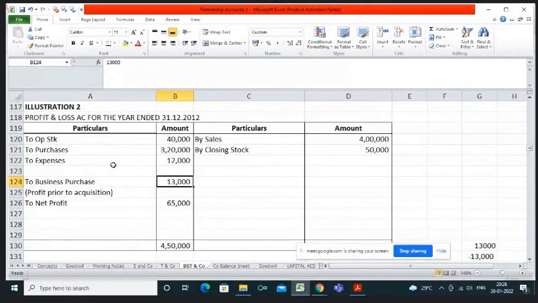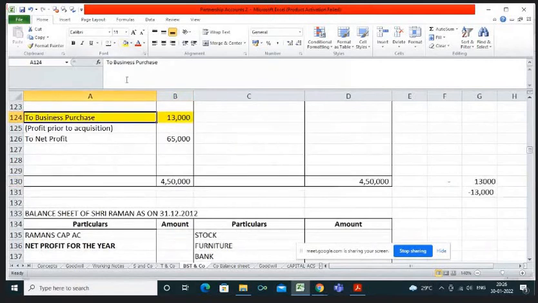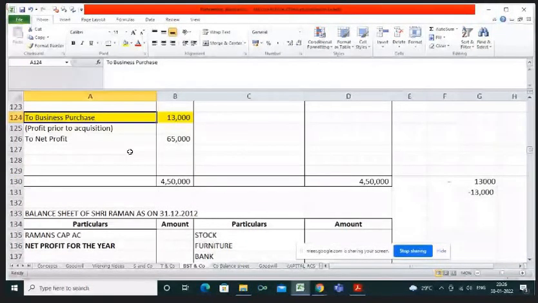Now we'll move on to the critical thing in this particular problem, because in the nature of rectification of errors, we had to do this. Otherwise, it will be a simple profit and loss account. Now I have to prepare the balance sheet.